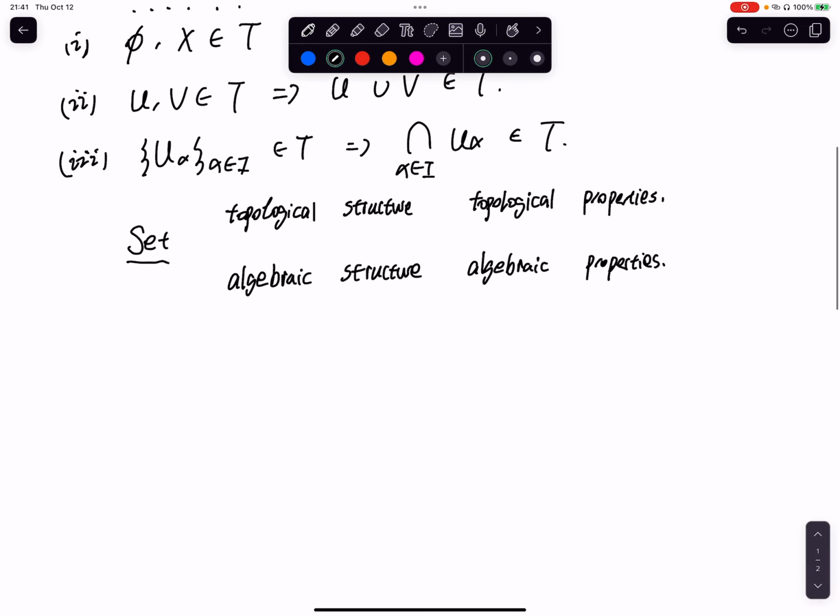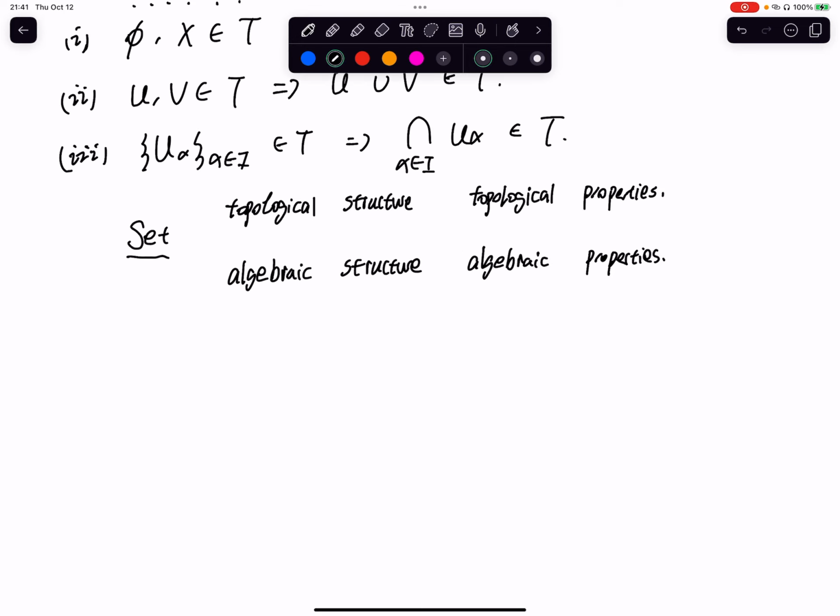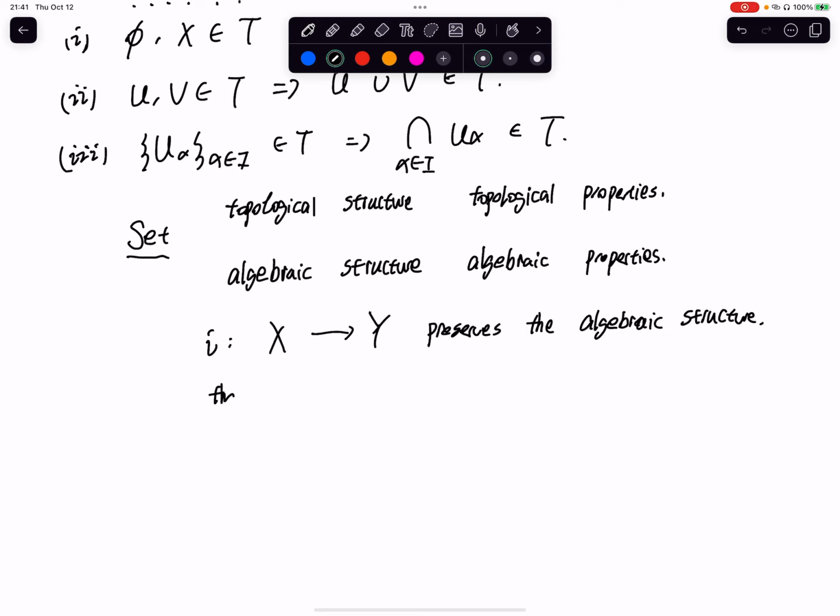And recall that in algebra, if a morphism, or a function I from X to Y, preserves the algebraic structure, then we call I an isomorphism.